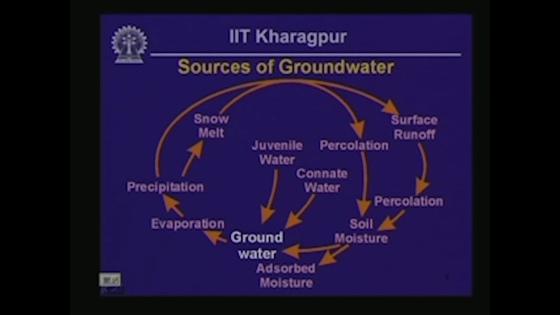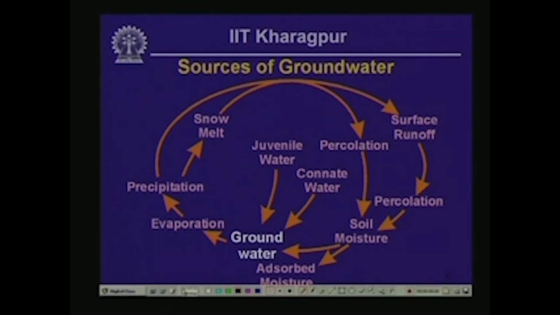As we stated before, we can have precipitation in the form of snow or in the form of rain, and a part of it is going to percolate underground, and a portion of it is going to flow on the surface down slope to a water body, and from the water body in turn percolation could take place.